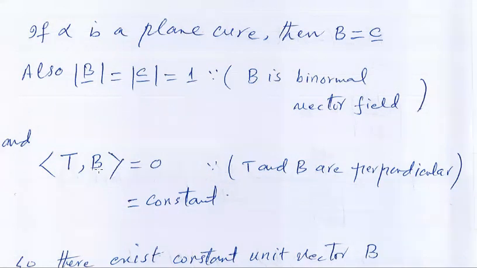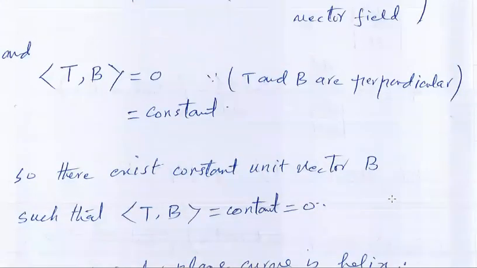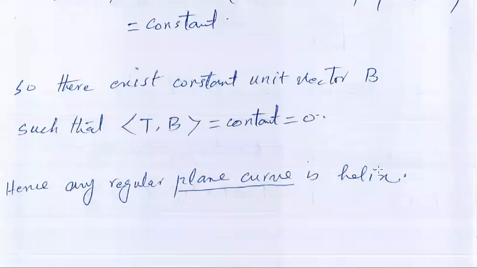Here B is the binormal vector field, which is a unit vector, and for a plane curve B is also constant. So B is a constant unit vector, and T and B are perpendicular, therefore their inner product is equal to 0, which is constant. So by definition, alpha of t, which is in fact any regular plane curve, is helix.